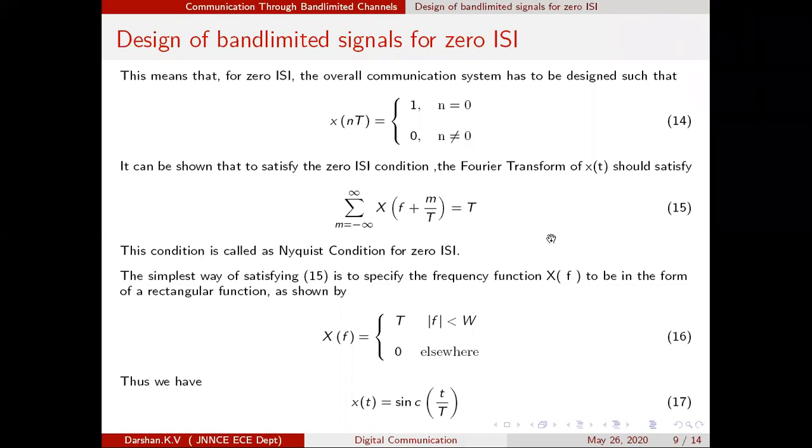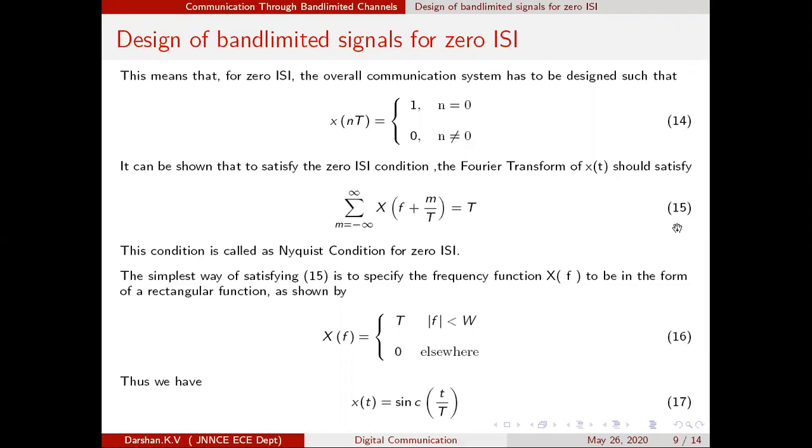For equation number 14 to get satisfied, the Fourier transform of x of t should satisfy equation number 15. In other words, the time domain x of t should satisfy equation number 14, and in the f domain, x of f should satisfy this particular condition.